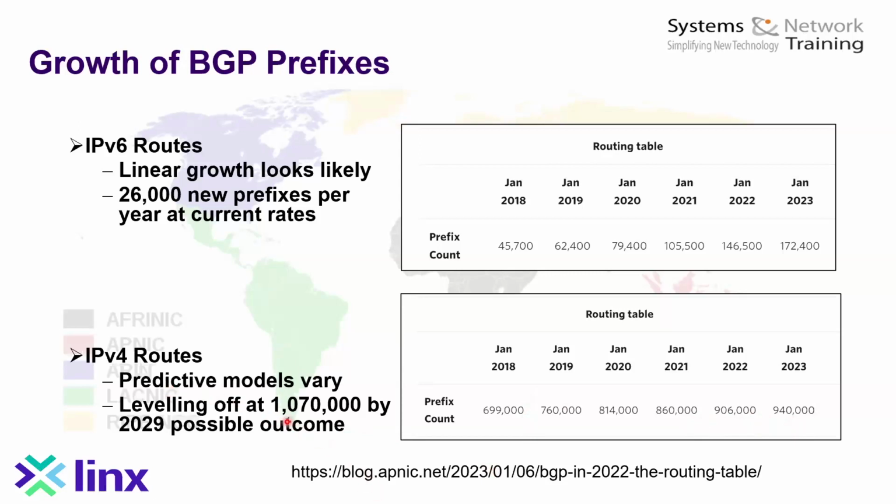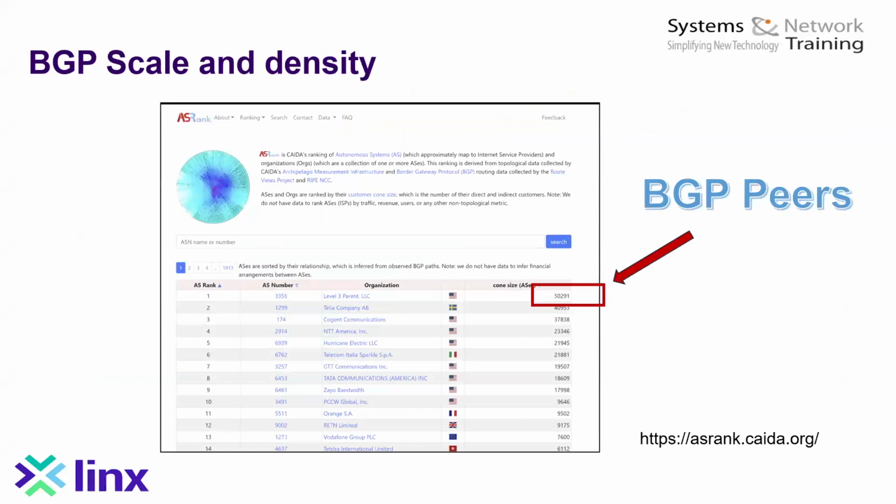What this blog is saying is that they expect the total number of IP version 4 routes to level off at just over 1 million by around 2029. They can't tell exactly for sure, but that's the best estimate so far.